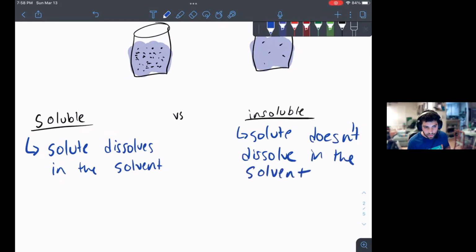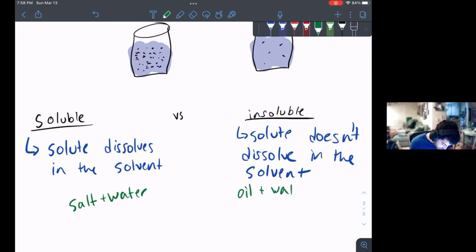And that's a pretty basic definition. Salt dissolves in water, but oil doesn't dissolve in water. So we can think about soluble as salt plus water, and insoluble as oil plus water. Going to make that a little neater.